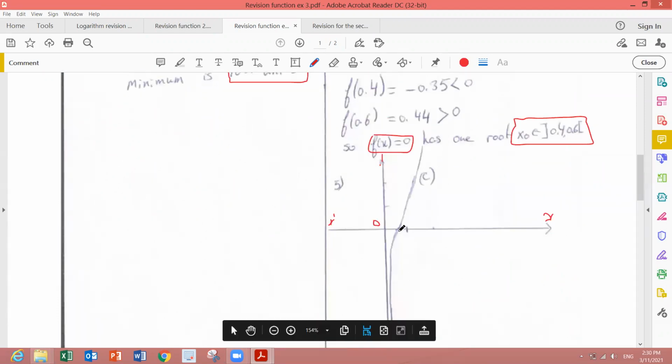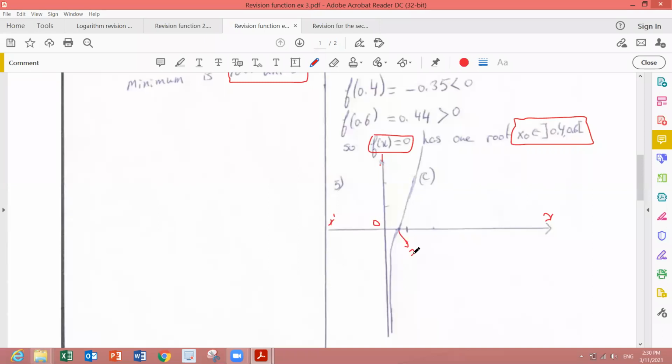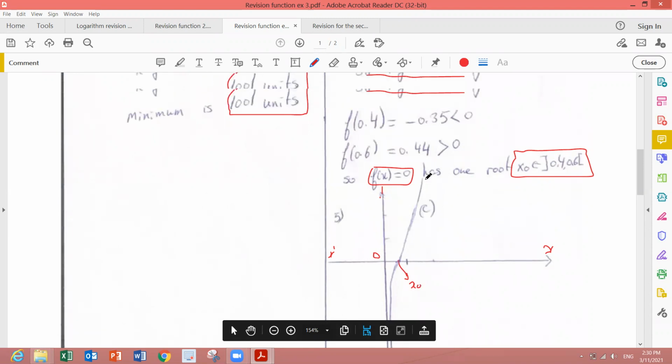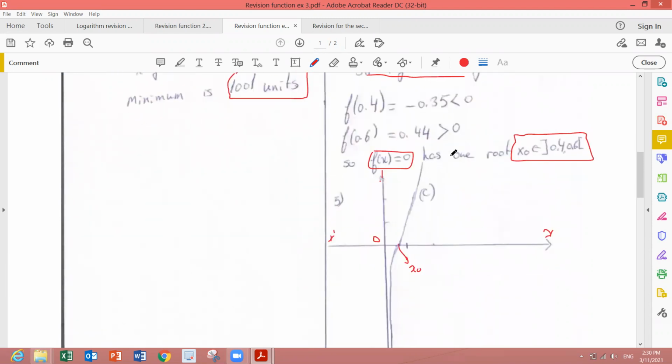It cuts the x-axis at x0 between 0.4 and 0.6, and the function is increasing. You can take some particular points using your calculator and draw the curve. F of 1 equals 2. The curve is increasing.